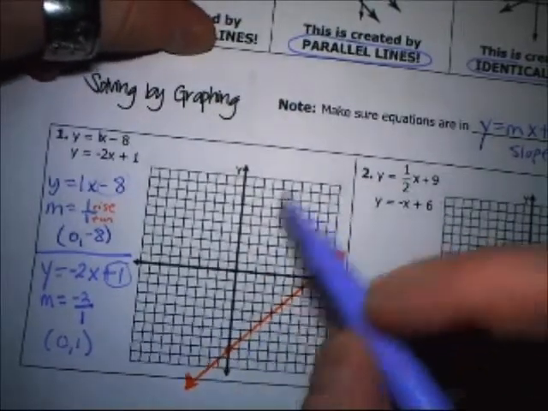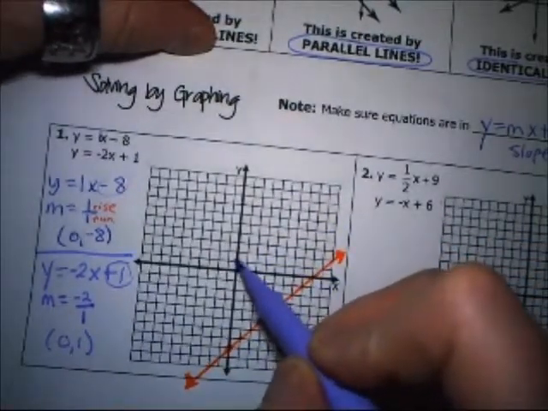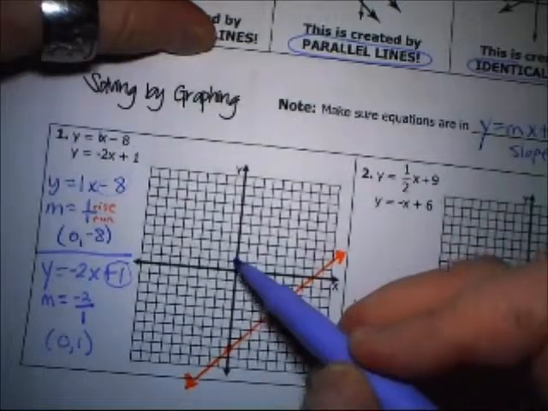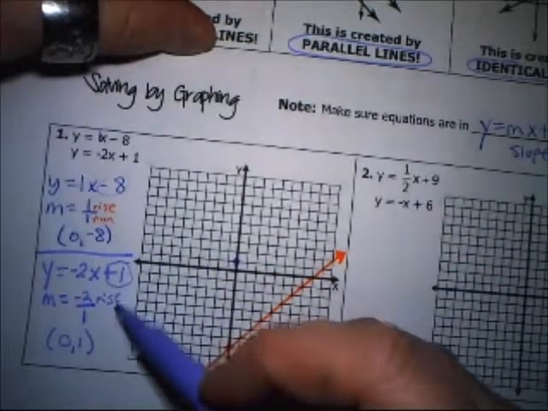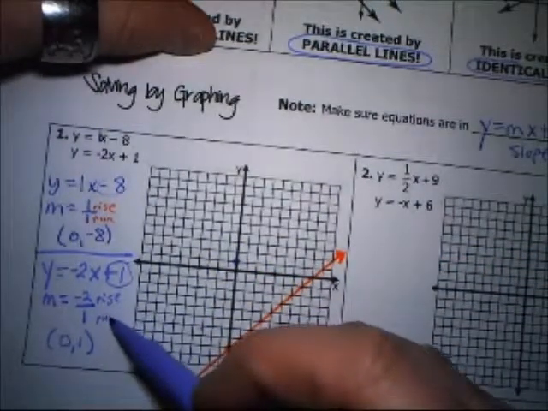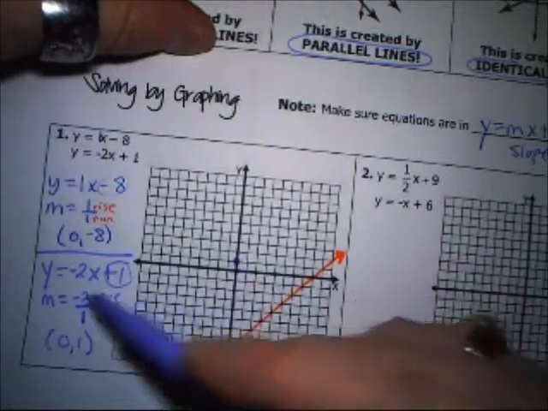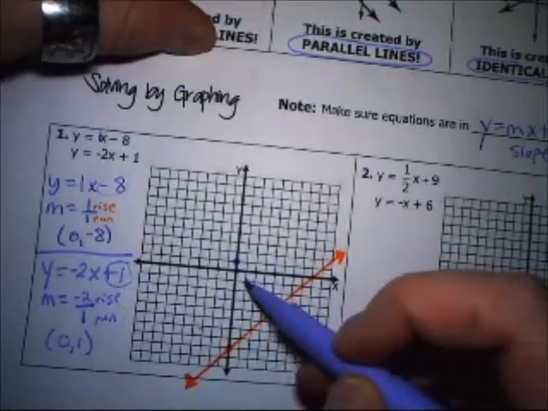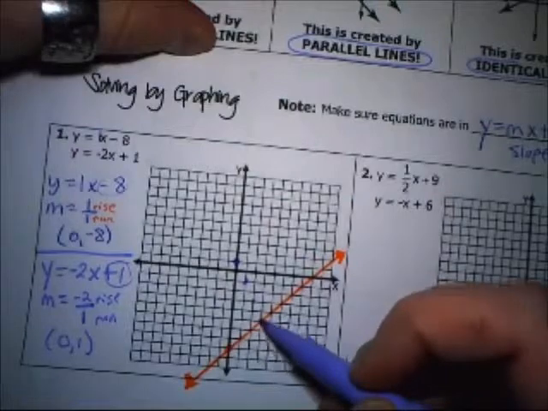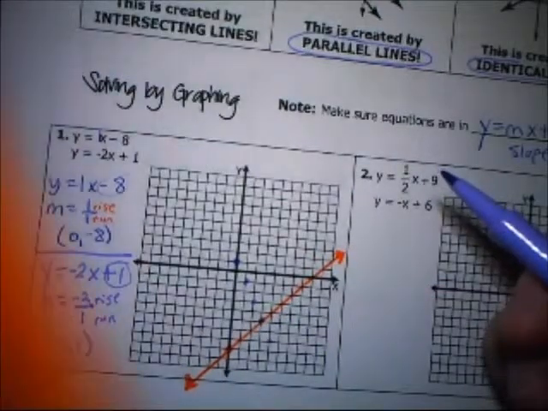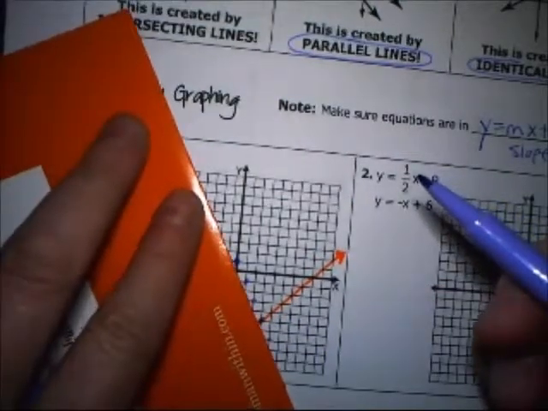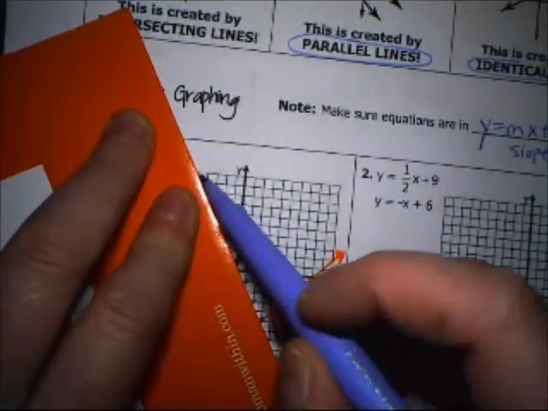If I plot this point right there on the 1 on the y-axis, the slope, remember this is my rise over my run, so I'm going to go down 2 because it's negative, and right 1. Down 2 and right 1. And there's my intersection. I'm going to draw my line.